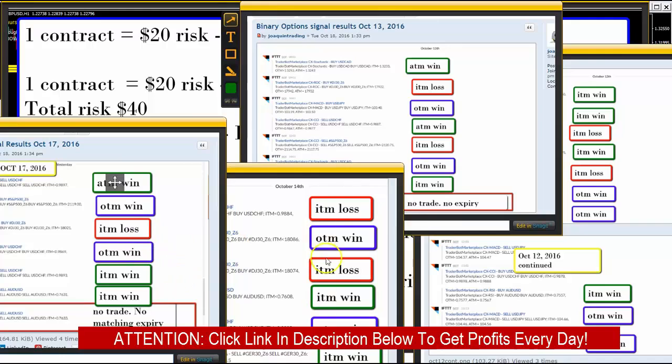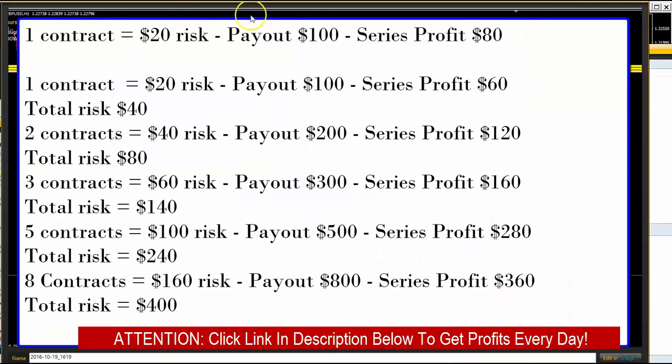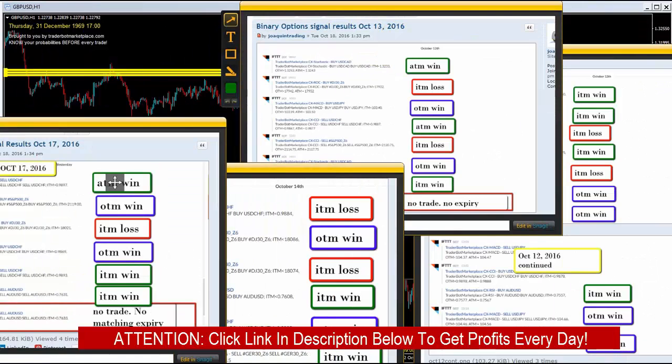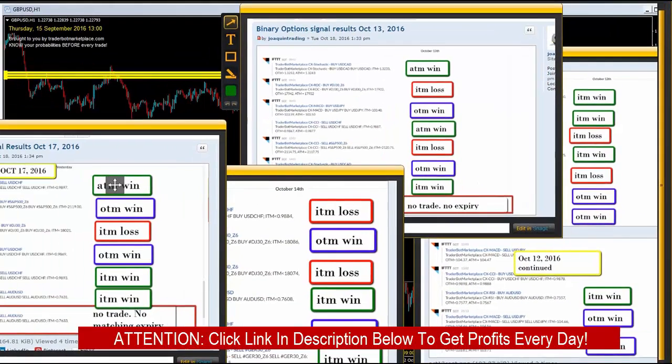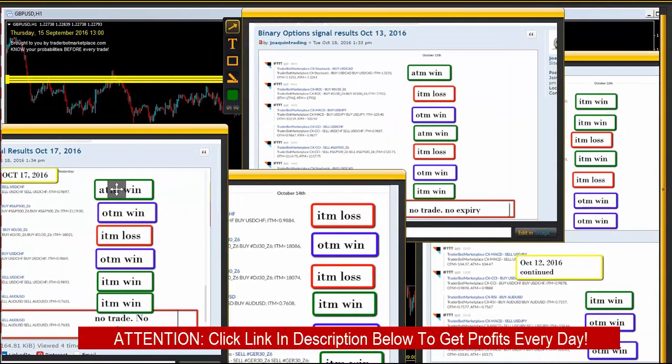So we're not gonna take every trade. What you want to do is you want to hang on. Let me move this. You're looking for a series of 3 or so trades that haven't won in a row.